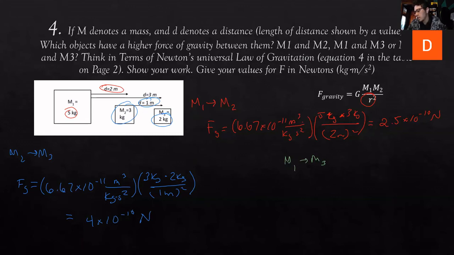Last but not least, the distance between m1 and m3. We have our gravitational constant once more. And this time we have 5 kilograms and 2 kilograms. And the distance between them is 3 meters.